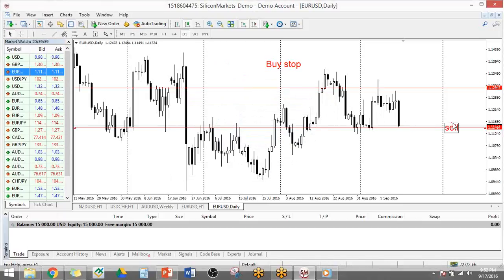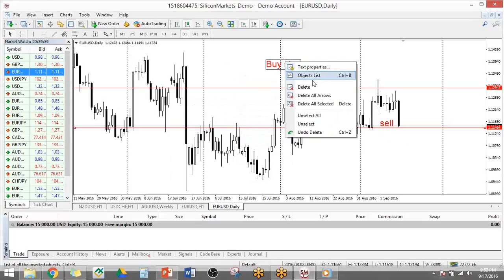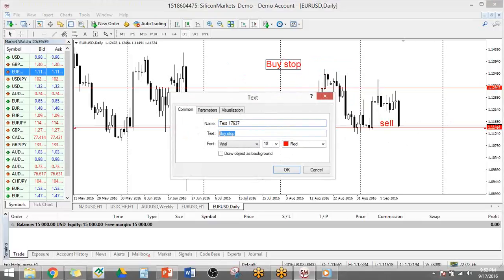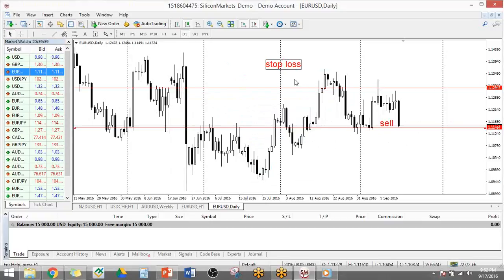So let's say the line over here is where we sold the pair, and this is your stop loss. You sold it here at the current price, and your stop loss is over here.